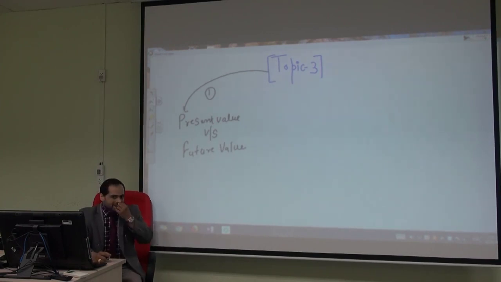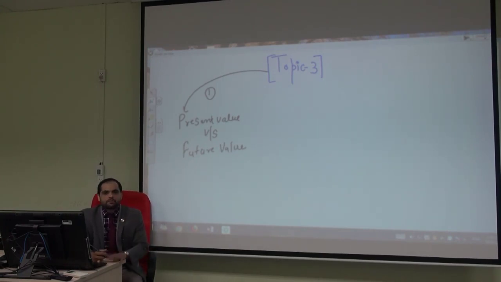Now, what does present value mean? Present value means how much money you require right now in order to earn a predetermined value.